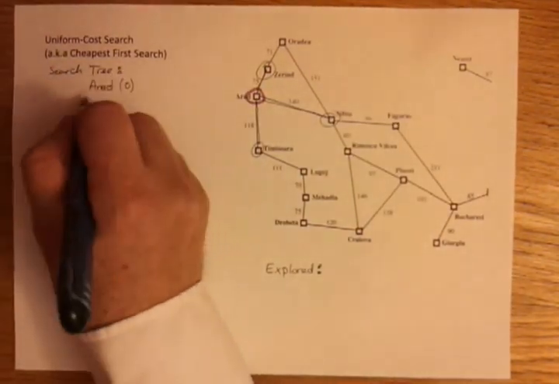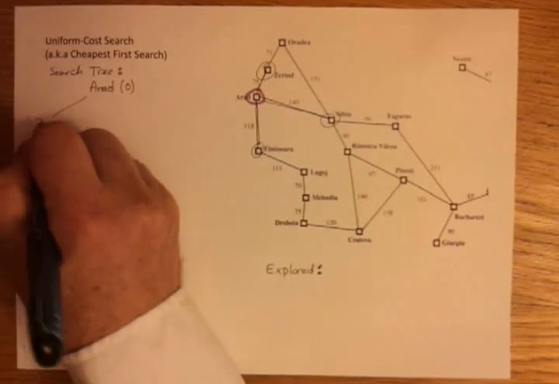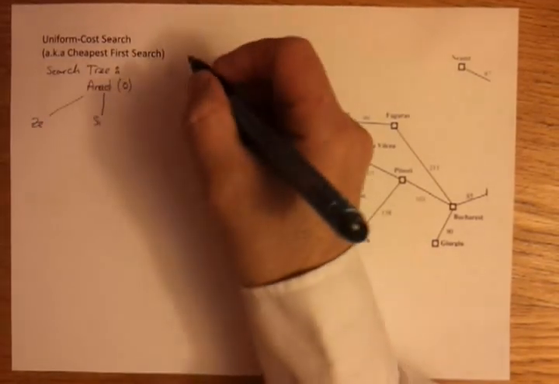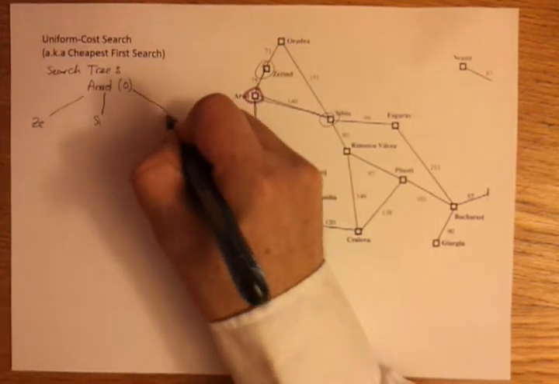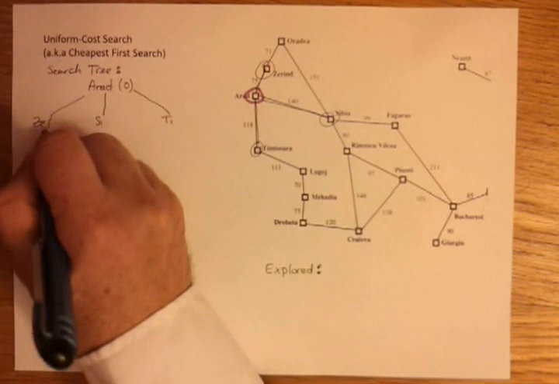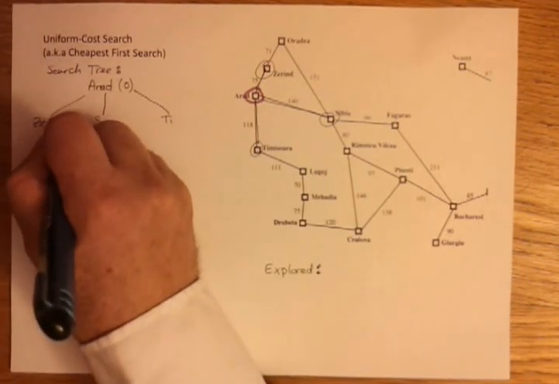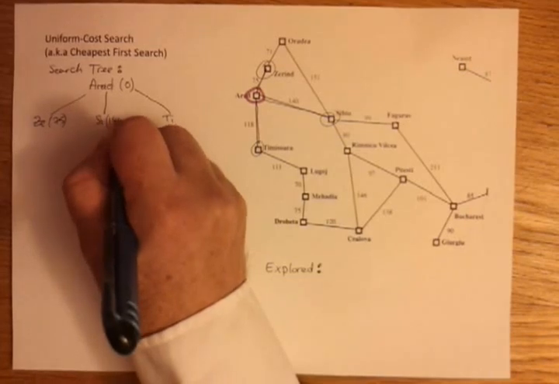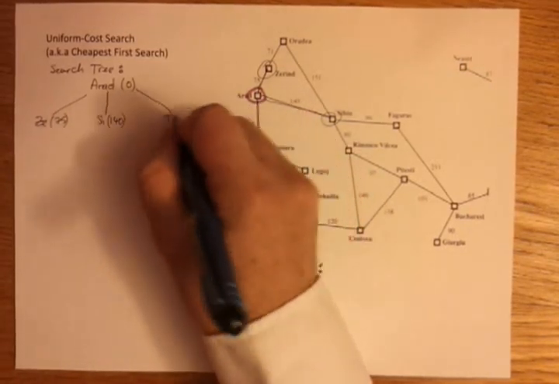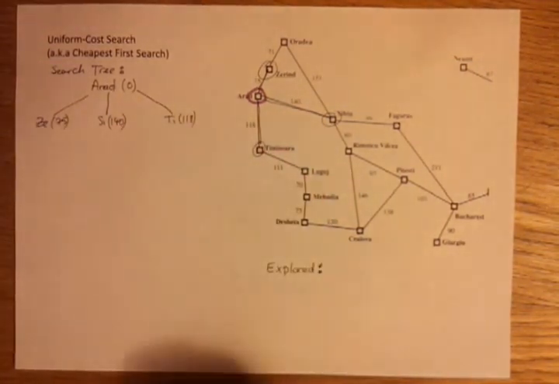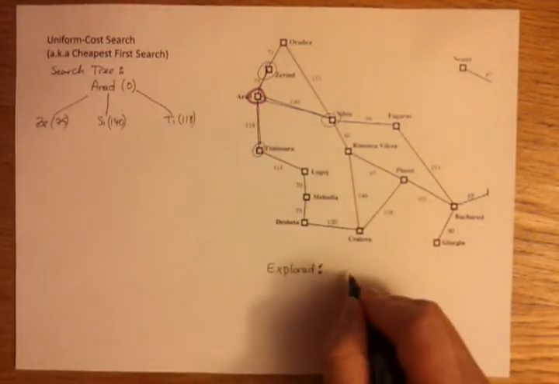So we've got ZE, C, and TI. And each of these has a cost associated with it: 75 to get to ZE, 140 to get to C, and 118 to get to TI. And that's our first node explored.